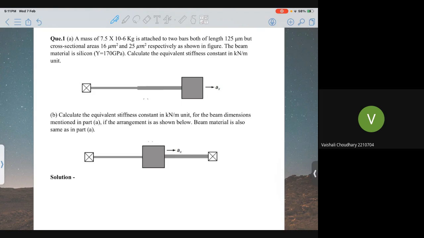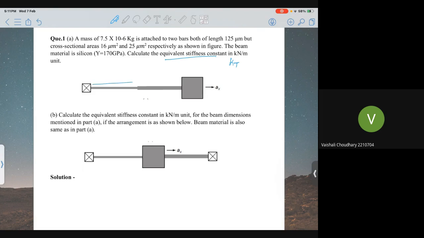The beam material is silicon having a Young's modulus of 170 gigapascal. So we have to calculate the equivalent stiffness constant, which means we have to calculate the K T in kilonewton per meter.